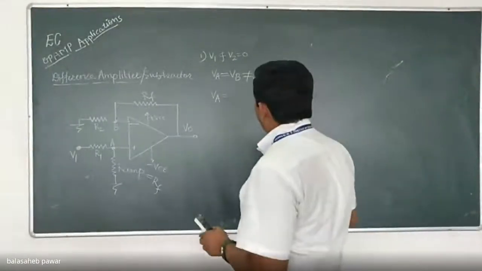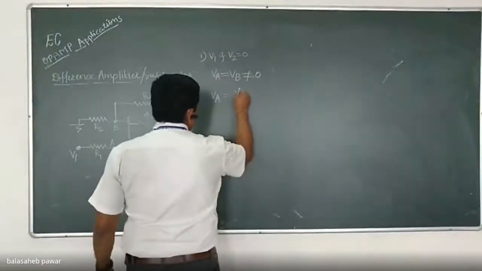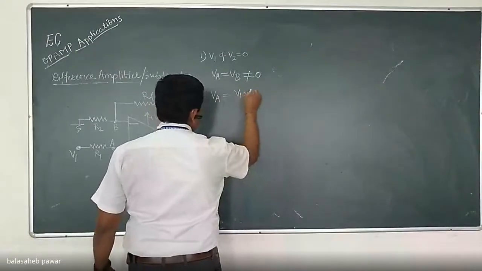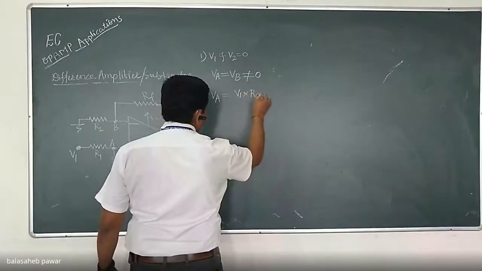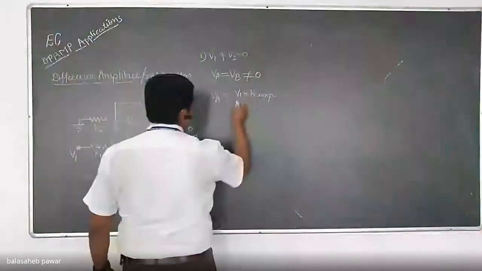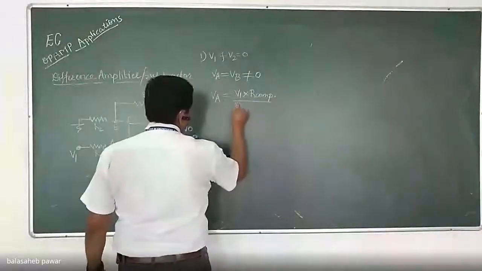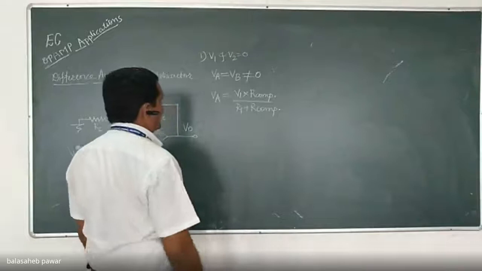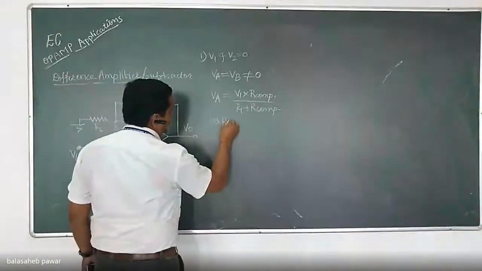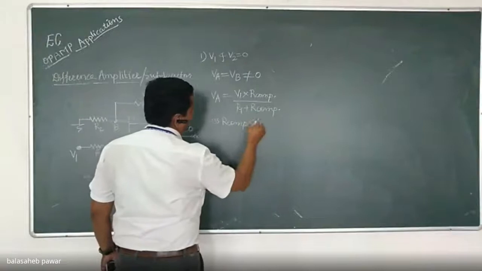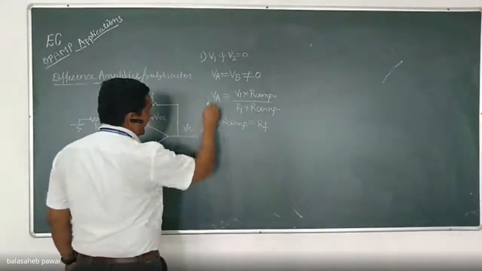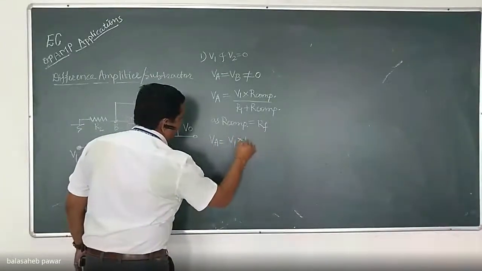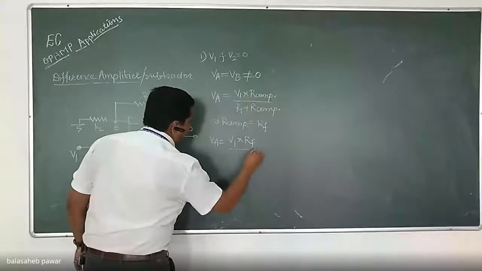So VA equals V1, the source, into R compensating, that is RF, divided by the total resistance R1 plus R compensating. As R compensating is equal to RF, we can rewrite this equation as VA equals V1 into RF divided by R1 plus RF.